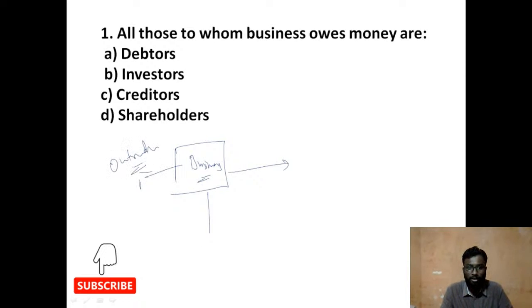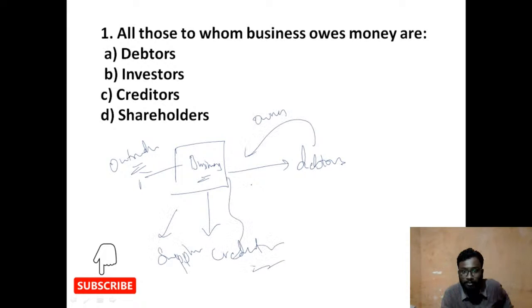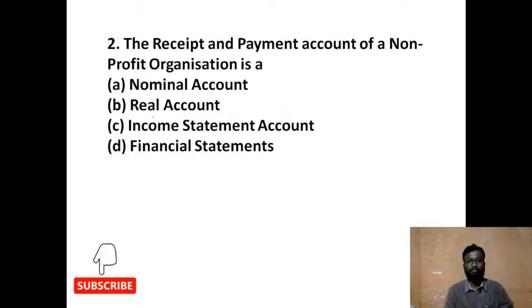So outsiders like debtors, creditors, and business owes the money to the creditors. So answer is creditors. Very good, very good. So next question, question number 2. Receipts and payments account of a non-profit organization is.